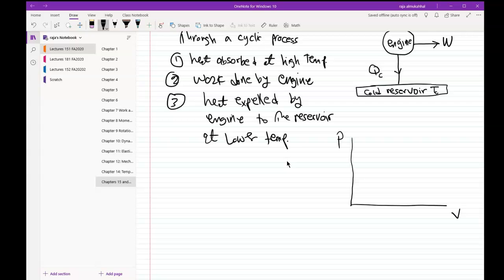That means it's not an open process, it's a closed process. And the work is basically the area enclosed by the curve here. That's the work right here. So it's a cyclic process.